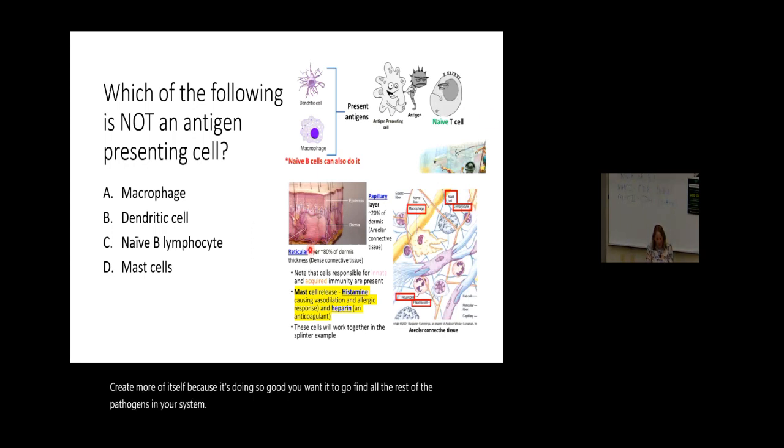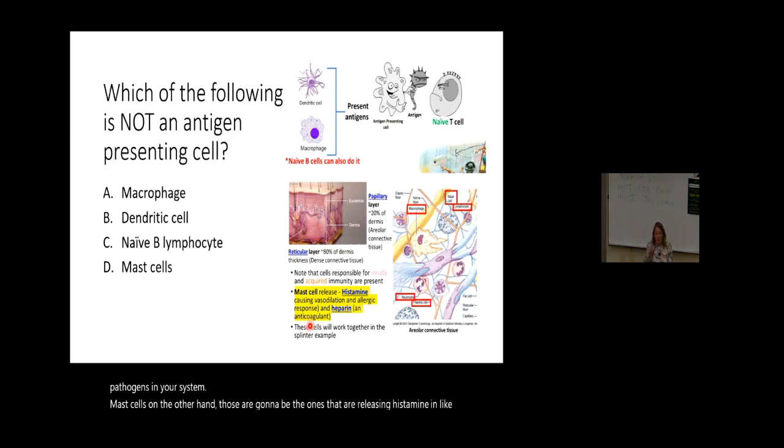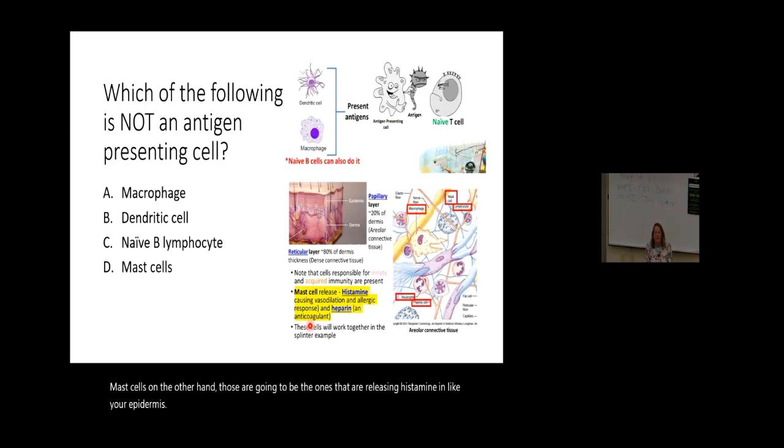Mast cells, on the other hand, those are going to be the ones that are releasing histamine in like your epidermis. Yes. So what's causing the mast cell to release histamines?